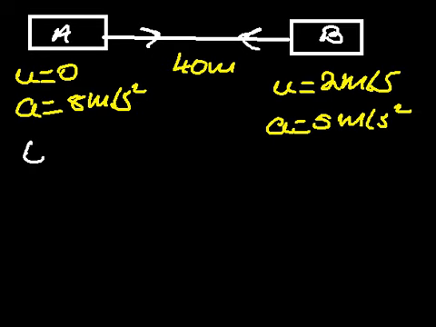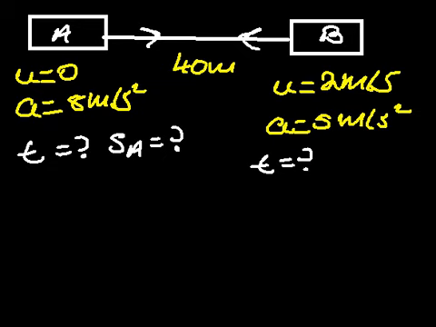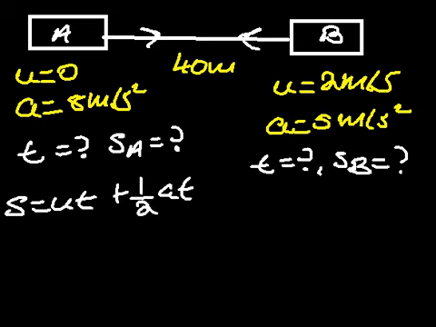We don't know the time it takes for object A to meet with object B, and we don't know the displacement for object A. And we don't know the time for object B, and even its respective displacement, we don't know as well. But using the displacement formula, we understand that the displacement is equal to ut plus half at squared.